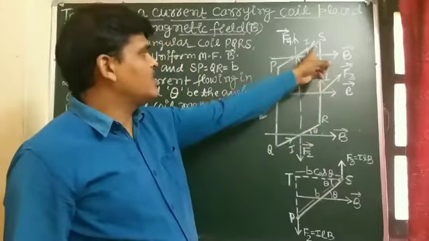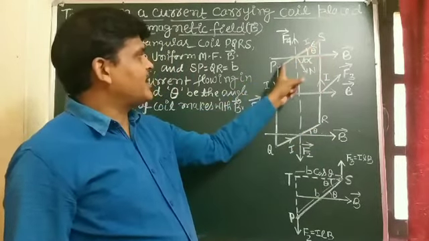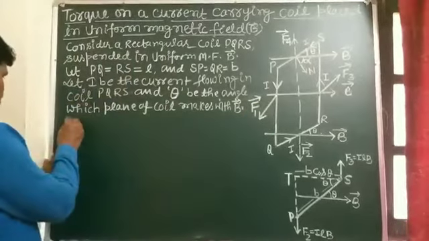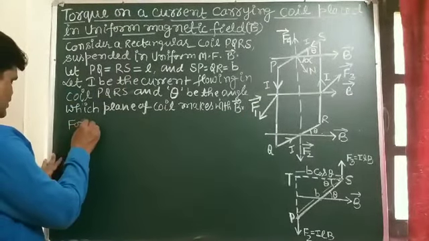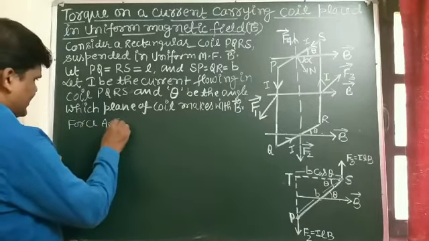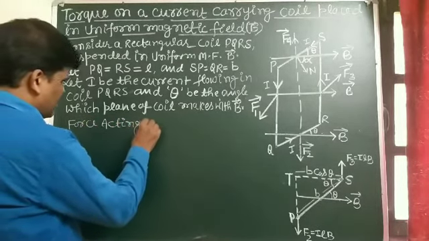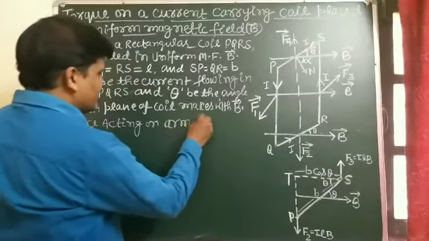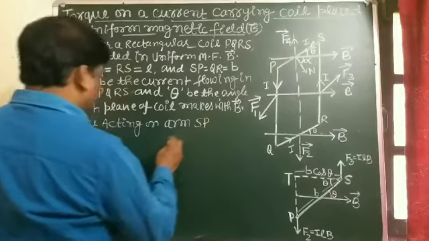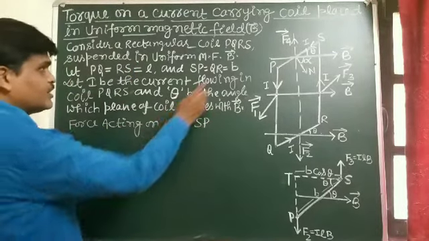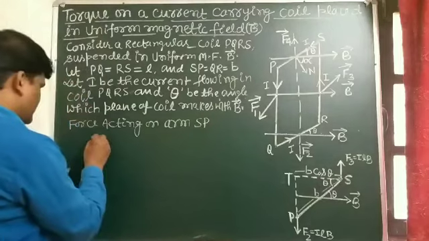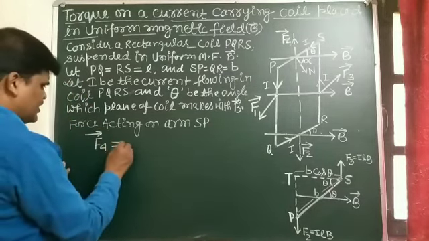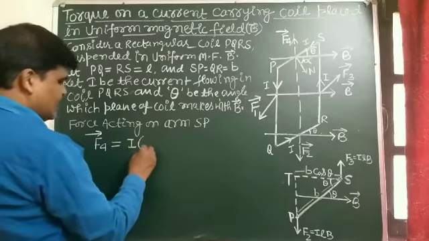So first of all, force acting on the arm SP. And student, we know that this force is denoted by F4, and I am writing here in vector form, that is ILB.